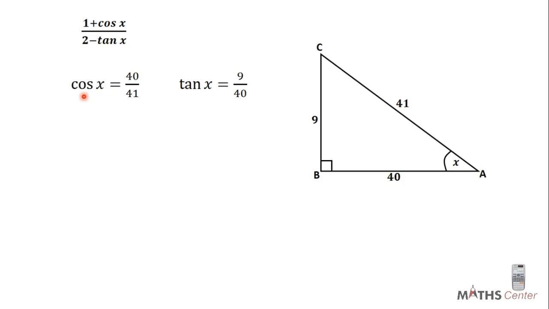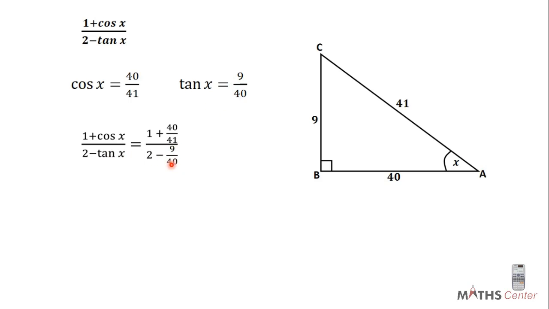We now have cos x and we have tan x. So we can go ahead and find 1 plus cos x divided by 2 minus tan x. That is 1 plus 40 divided by 41, divided by 2 minus 9 divided by 40.